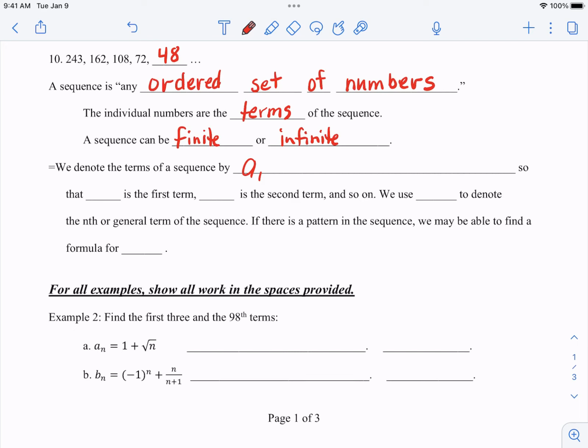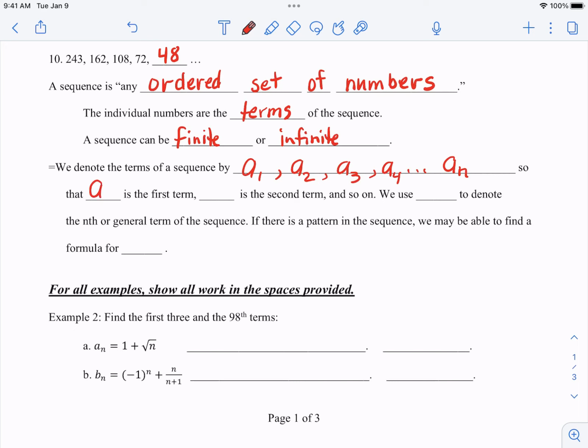That's the conventional. So the first term of any sequence will be a subscript 1, and that would be followed by a subscript 2, a subscript 3, a sub 4, etc., etc. And then when you get to the last one, if there is one, it would be a sub n. If it just keeps going, a sub n stands for the general term.